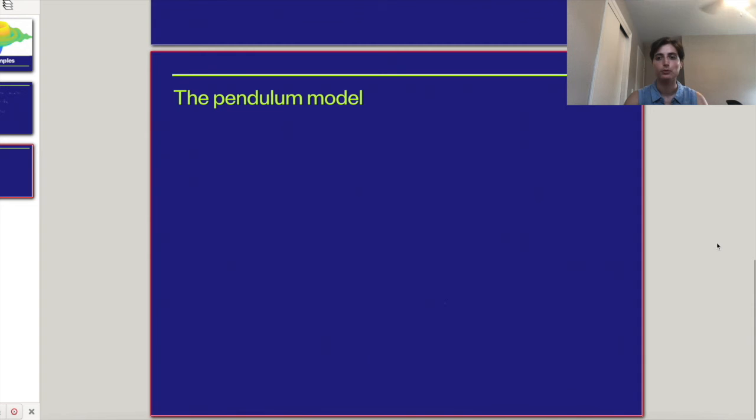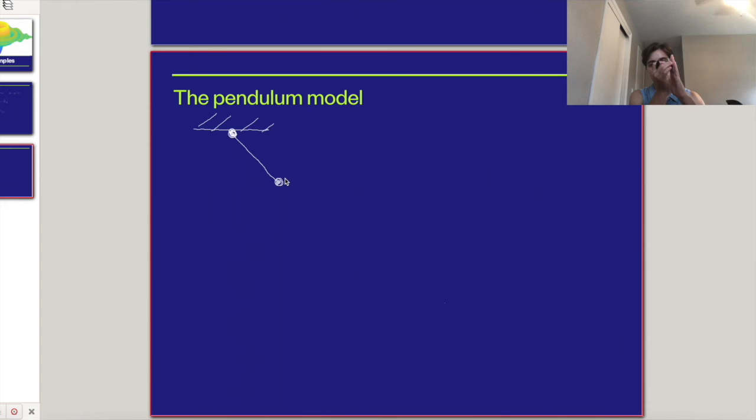The second example we will be dealing with is the pendulum model. The first thing we do is draw the free body diagram. So the pendulum is the idea that there is a wall at the top, and we're connected to the wall through one single point. I know the drawing shows that it's bigger, but it's really just one single point through which you have a straight rod attached to it and a mass attached to the bottom.